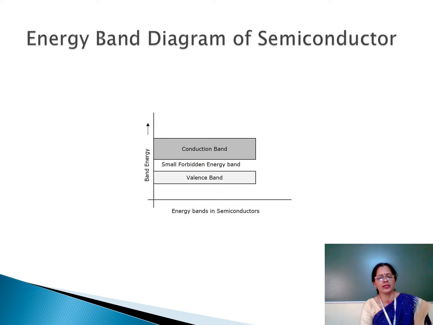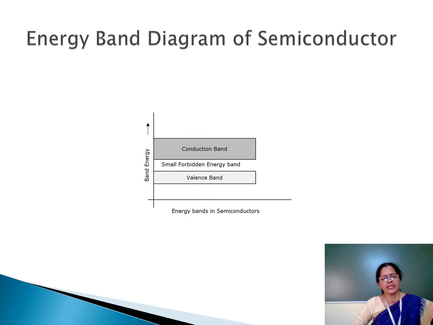In the case of an insulator, we get around a 13 or 15 eV forbidden energy gap. But in the case of a semiconductor, that energy gap is 1.1 eV, which is a very small value, and we can convert the semiconductor to a conductor by overcoming this gap by adding some impurities. So if we study the energy band diagram of a semiconductor, it has a valence band and a conduction band.